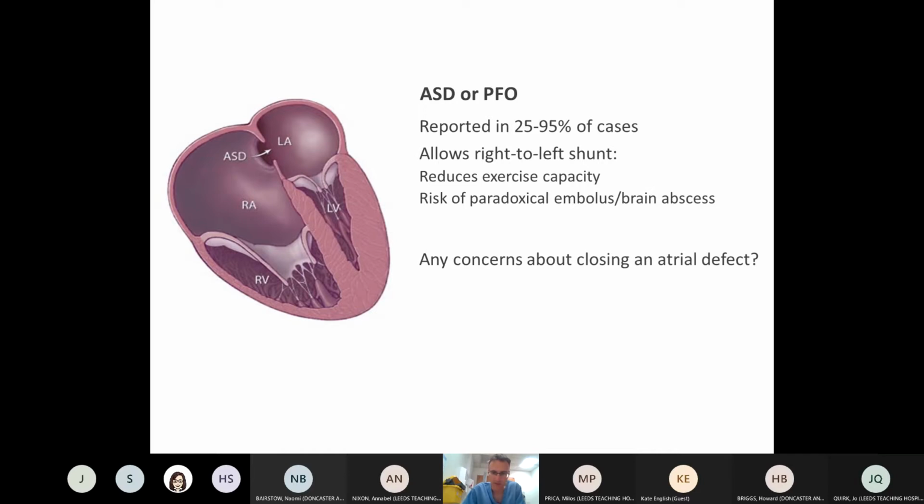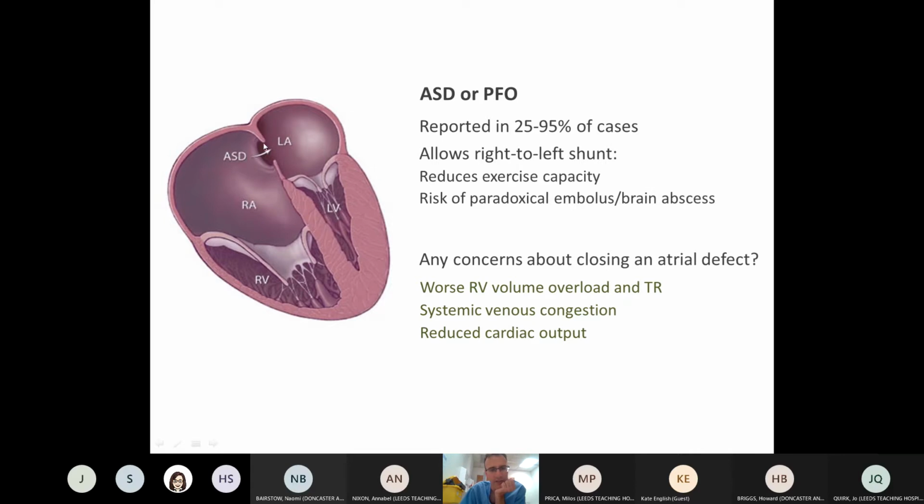So there might be a little bit of debate about whether you automatically close an atrial septal defect or a PFO, an interatrial communication, because the potential concern is that this acts as a kind of pop-off relief for the right heart.